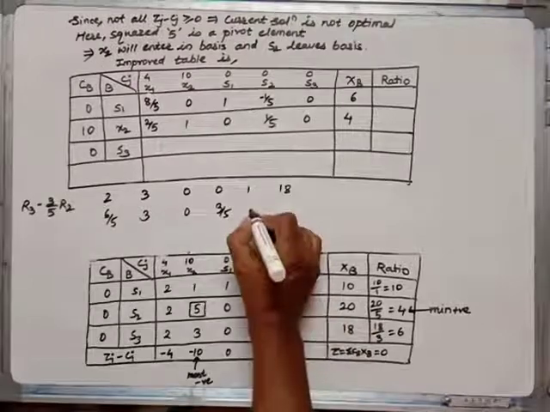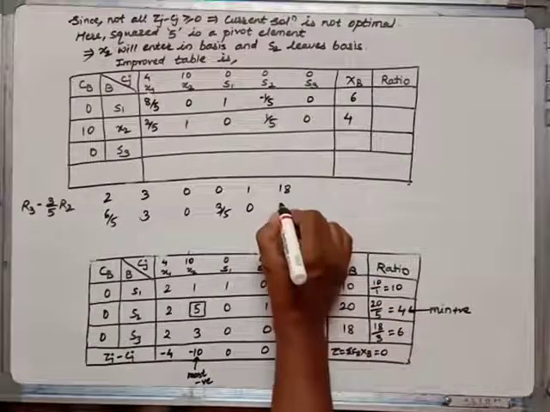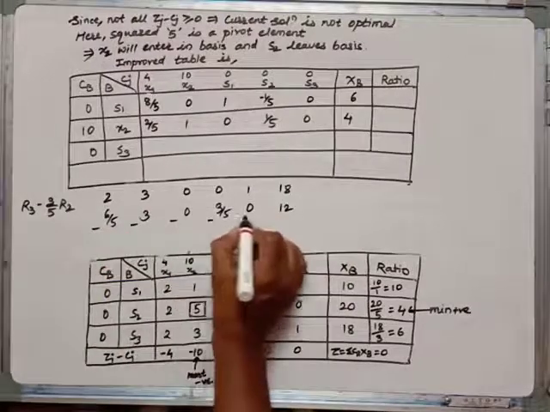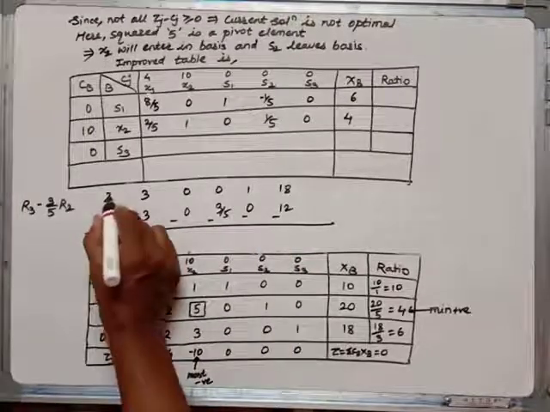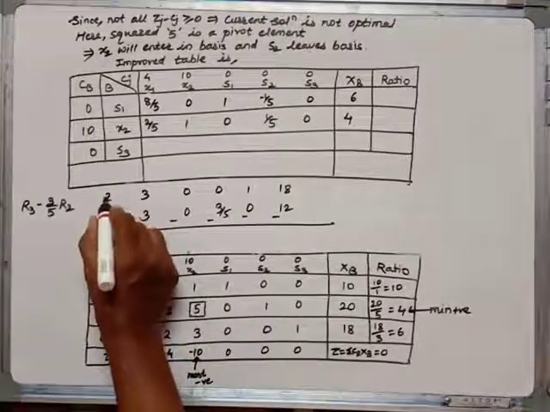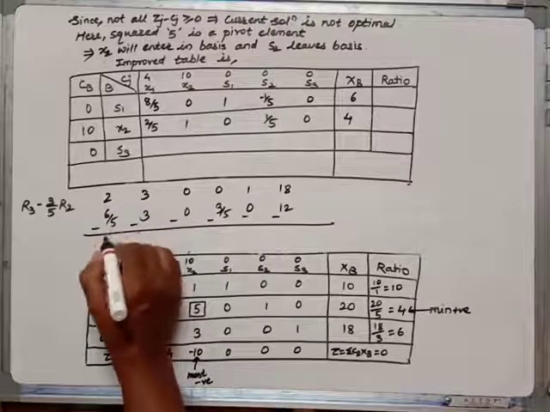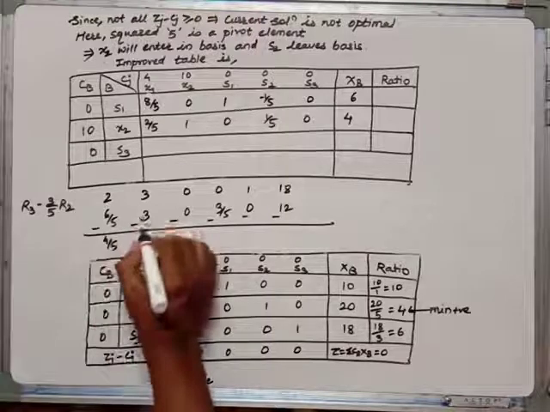Now here it is 0. 20 into 3 by 5 will be 12. We have to subtract these things. So subtraction will give me, here taking LCM, 10 minus 6, so that will be 4 by 5 by taking LCM as usual.